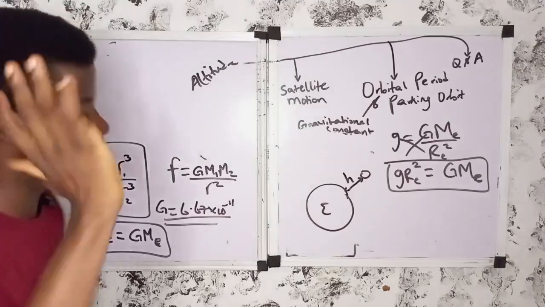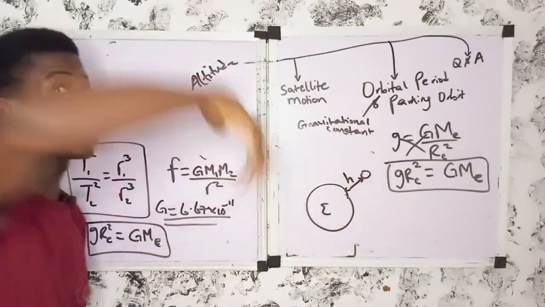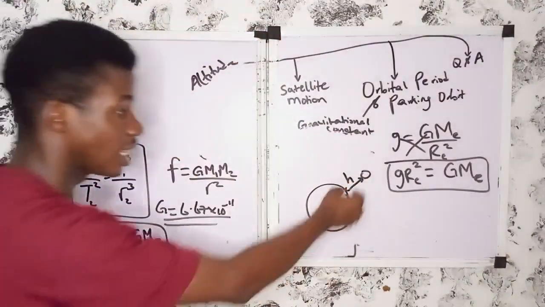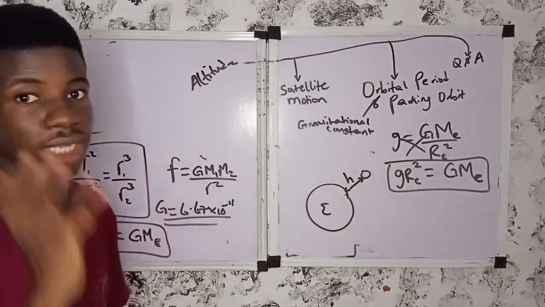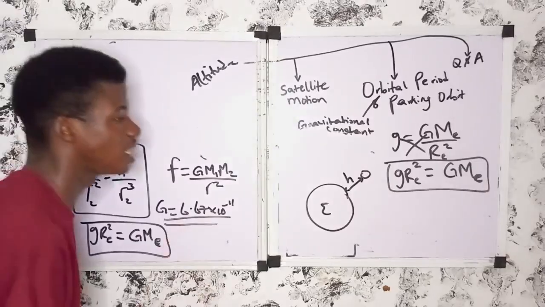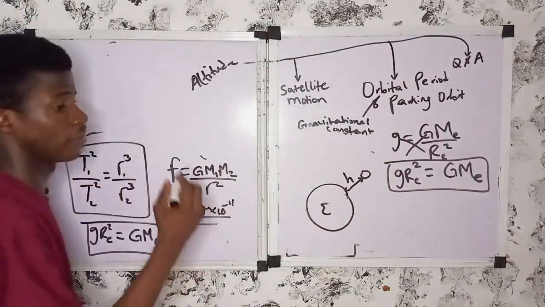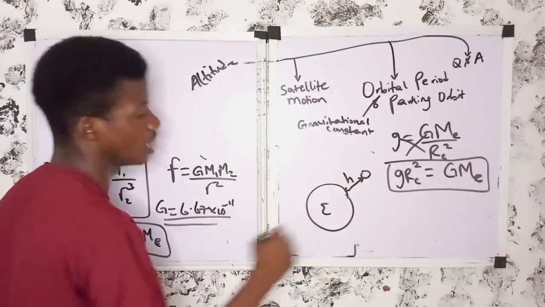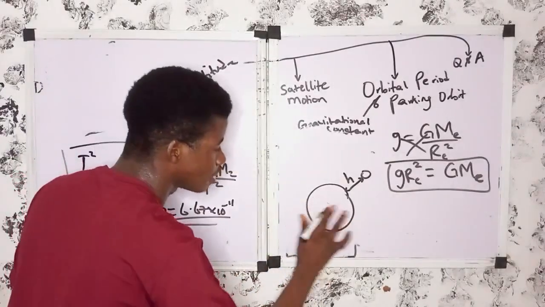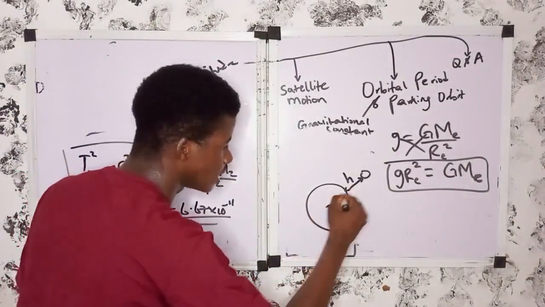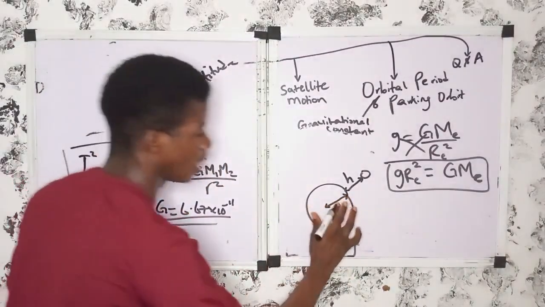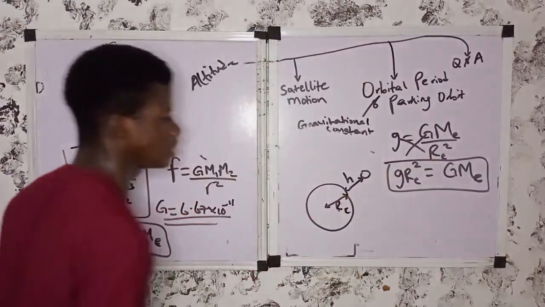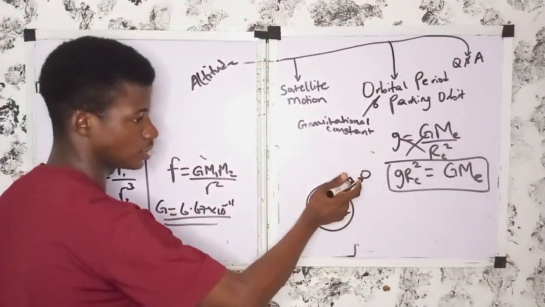When an object is placed at a distance above the Earth's surface, the distance between the object and the Earth's surface is known as altitude. Now, remember this is the radius of the Earth, and this is altitude.